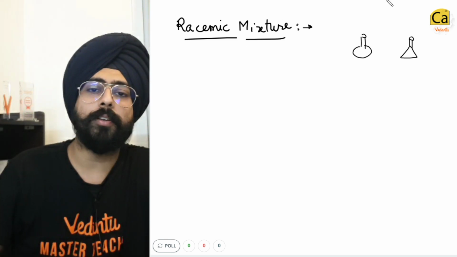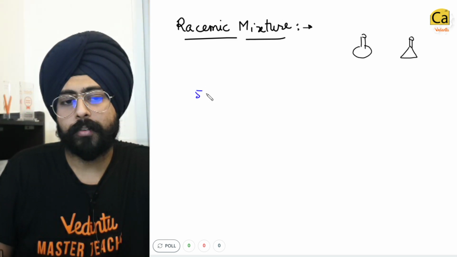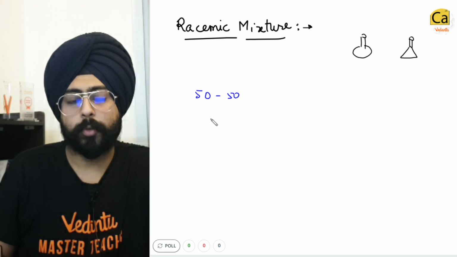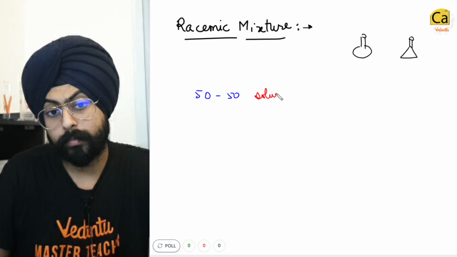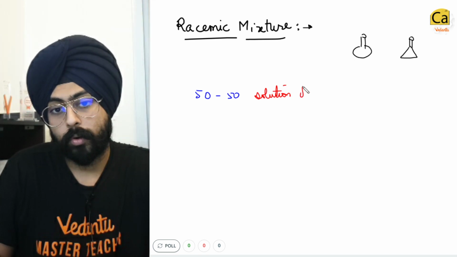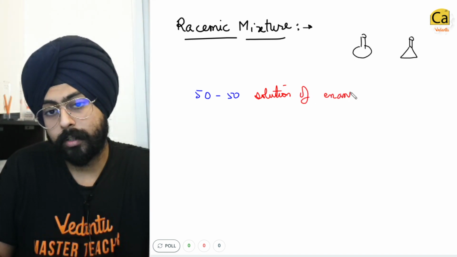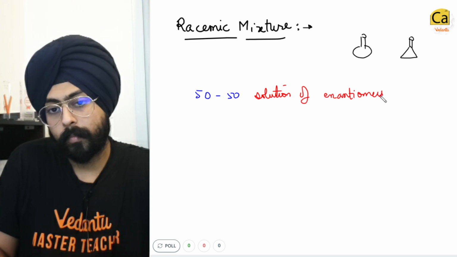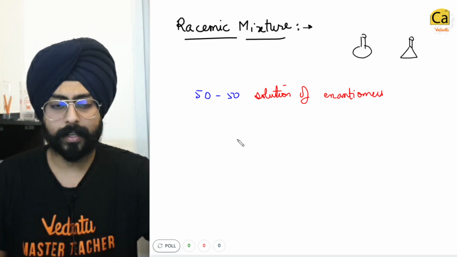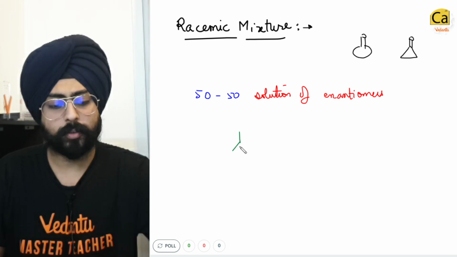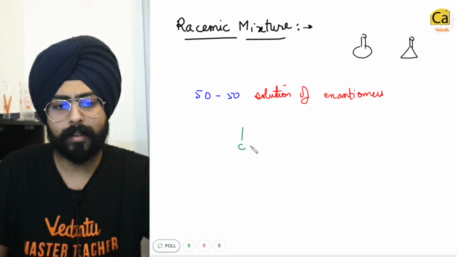Now, my dear friends, do you realize that there could be a 50-50 solution, which means 50% versus 50%, of enantiomers? This is possible, right? Let's take a very simple case of enantiomers over here. Let's draw it from our mind.